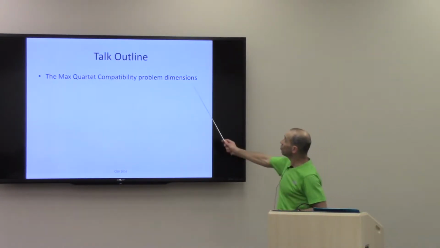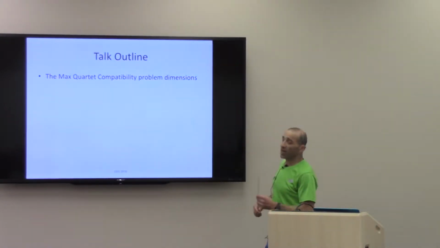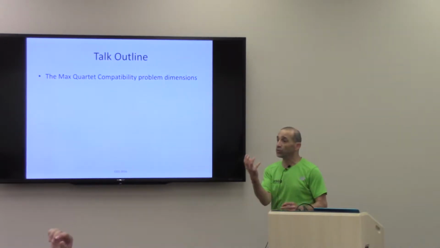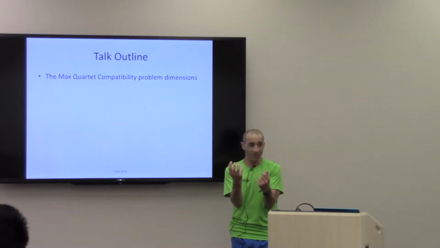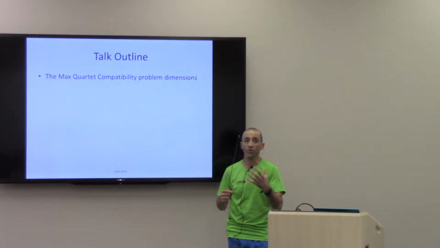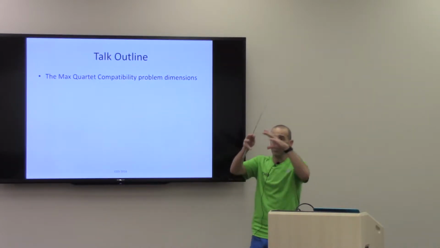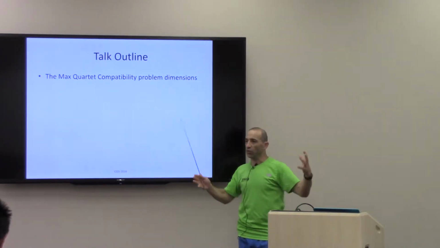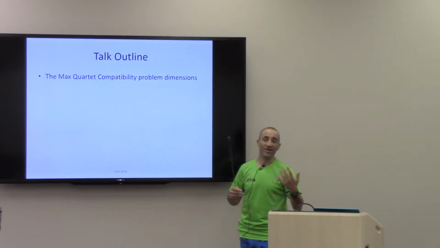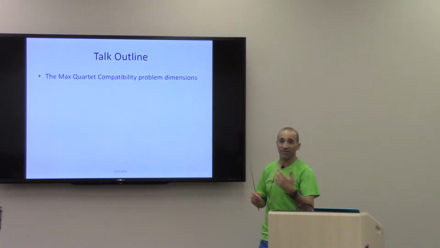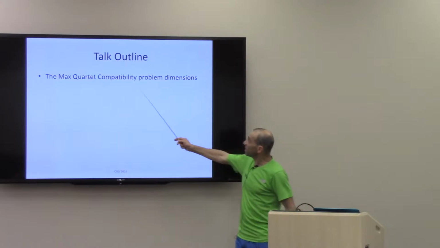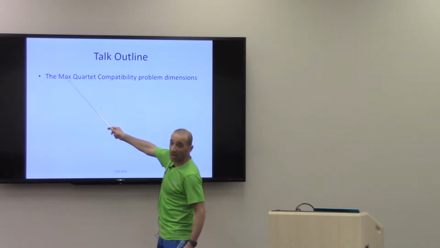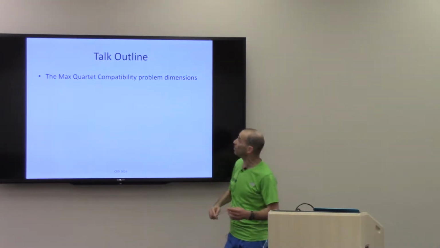And when you get a bunch of such bits of information, you try to find some overall, general history in the form of a tree that explains most of them. This task is called maximum quartet compatibility.